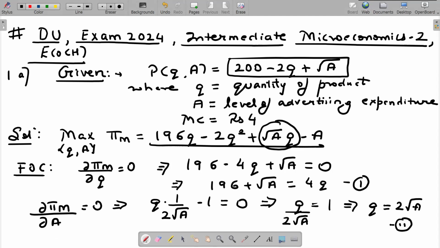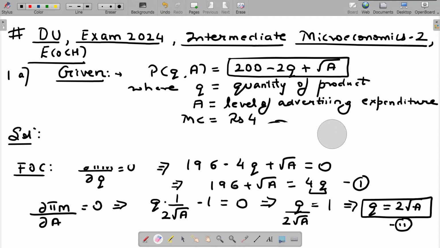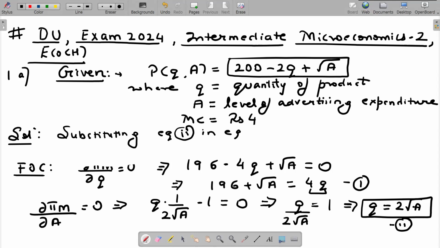So, let's substitute the value of Q as 2 times square root of A here and solve for A. So, if I erase the initial portion off, I can write substituting equation 2 in equation 1 gives us what? 196 plus square root of A is equal to 4Q.